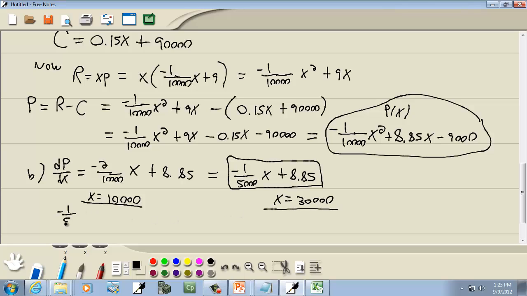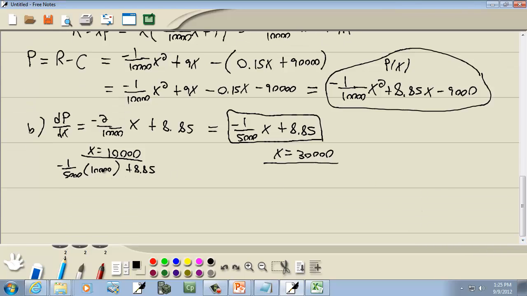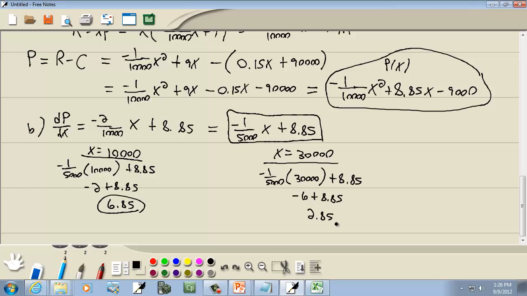So I got negative 1 over 5,000 times 10,000 plus 8.85. Well, 10,000 divided by 5,000 is 2, so we got negative 2 plus 8.85, which gives us 6.85. On this one, I got negative 1 over 5,000 times 30,000 plus 8.85. 30,000 divided by 5,000 is 6, so I got negative 6 plus 8.85, which gives us 2.85.